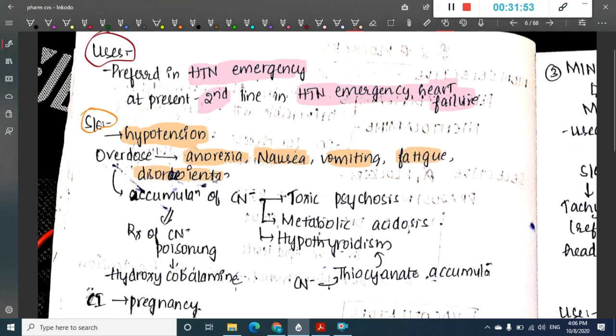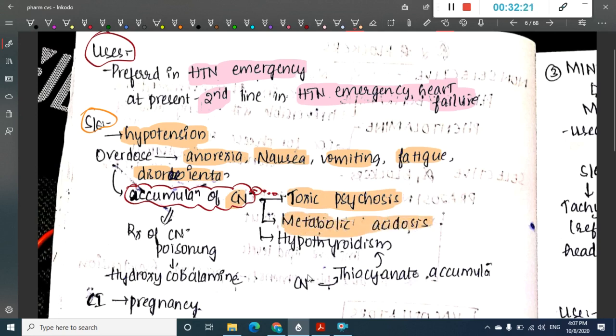One more important thing here is that whenever we give an overdose, it causes accumulation of cyanide. On overdose it will lead to accumulation of cyanide. Because of this accumulation of cyanide, this will lead to symptoms like toxic psychosis. Because of this cyanide metabolite, it leads to toxic psychosis and metabolic acidosis also.